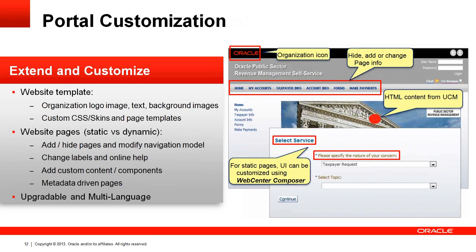You can customize the organization logo image, the background header image, other background. You can customize the look and feel of most of the site using your custom cascading style sheet, CSS, or skinning. You can actually create your own page template if you want to have another one rather than the one that is supplied with the product.